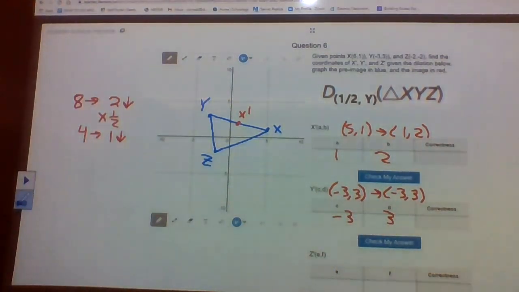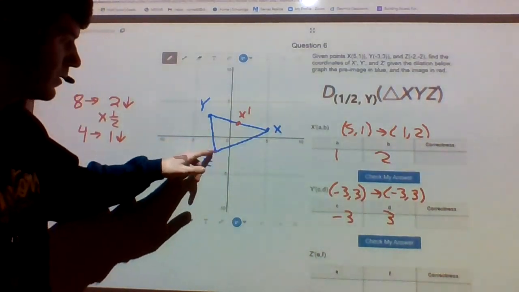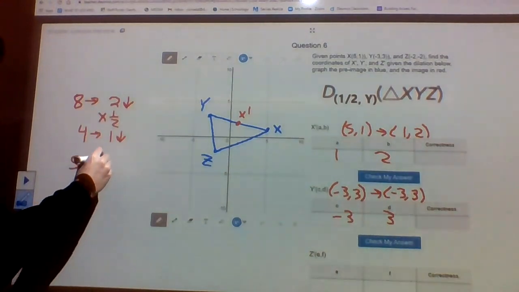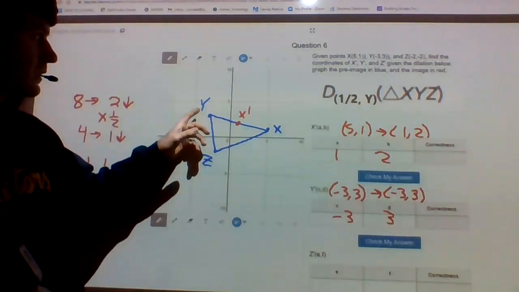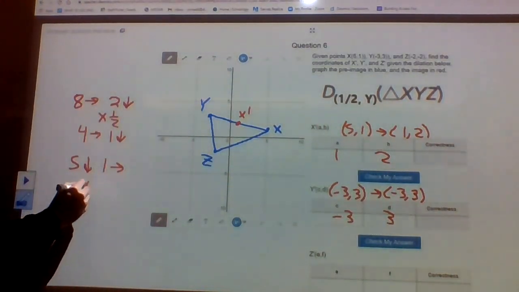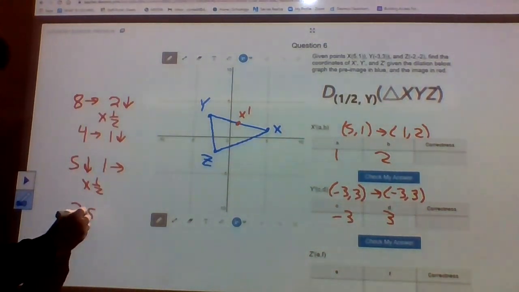Now we look at z. So z is 1, 2, 3, 4, 5 down, 1 to the right from the center of dilation. So it's 5 down, 1 to the right. Scale factor here is a half. So instead of 5 down, we want to go 2.5 down.